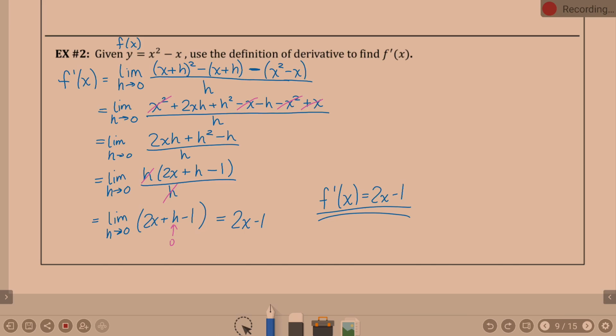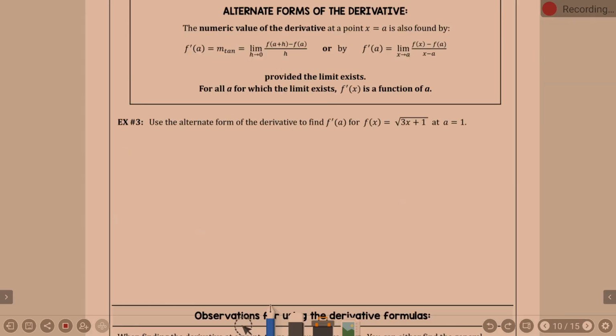Moving on. Now, notice here, it says alternate forms of the derivative. We have a couple of different variations of the definition of a derivative. You need to be able to recognize each of them. Now, this first one, the numeric value of the derivative at a point x equals a, is also found by this.